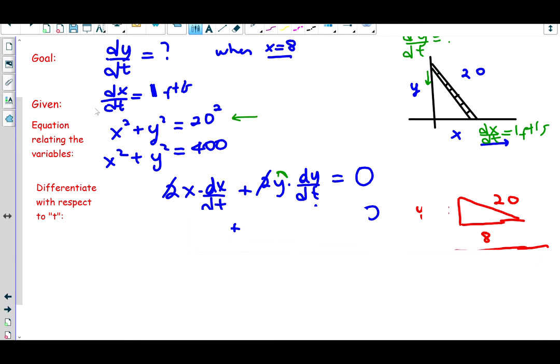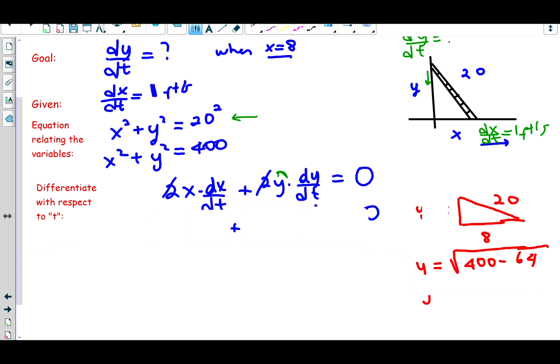So using the Pythagorean theorem, x squared, which in our case is going to be 8. So 8 squared plus y squared equals 20 squared. And from there you can solve for y.